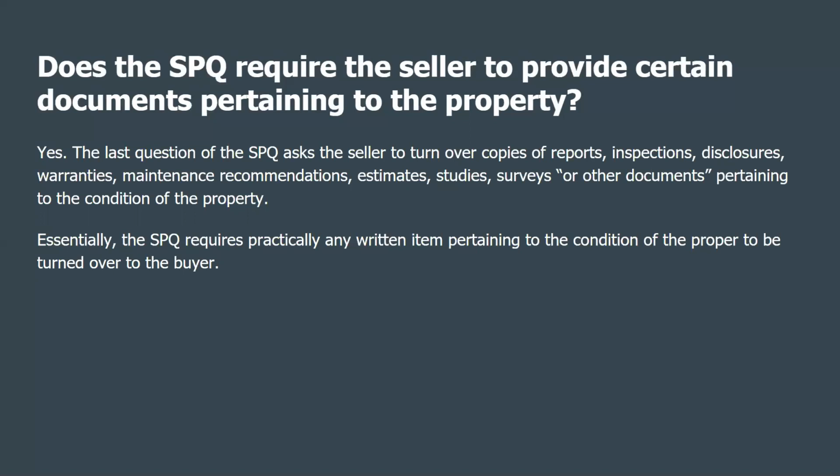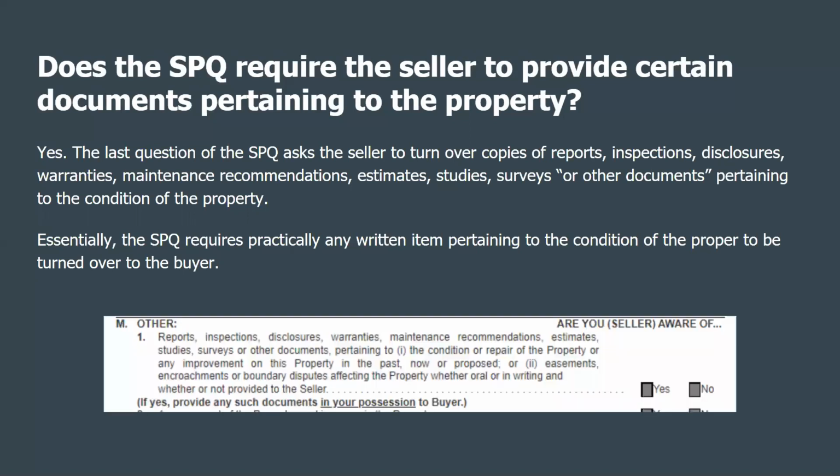Essentially, the SPQ requires practically any written item pertaining to the condition of the property to be turned over to the buyer. Here we are looking at that section. This is the last question of the SPQ. It's asking, are you, the seller, aware of any reports, inspections, disclosures, and so forth? So if they have anything in writing, they should turn it over.